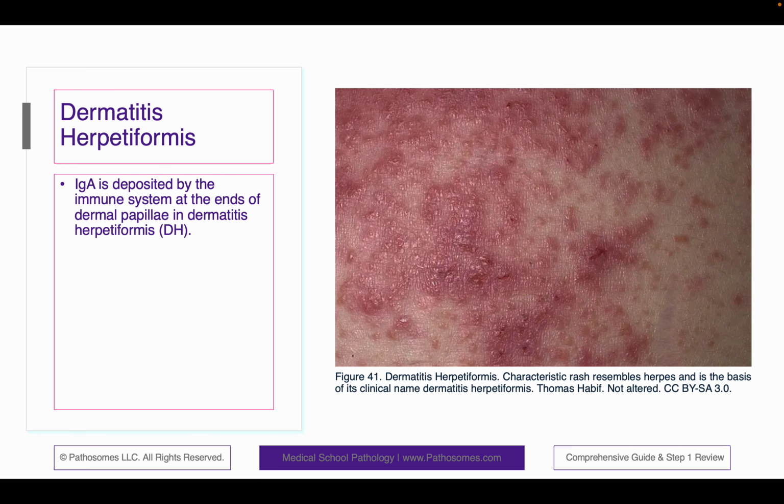Now, dermatitis herpetiformis. What's that? Well, IgA is deposited by the immune system at the tips of dermal papillae in dermatitis herpetiformis. To the right here, we can see the characteristic rash that somewhat resembles herpes and is the basis of its clinical name, dermatitis herpetiformis.